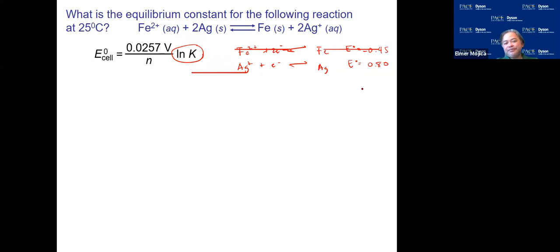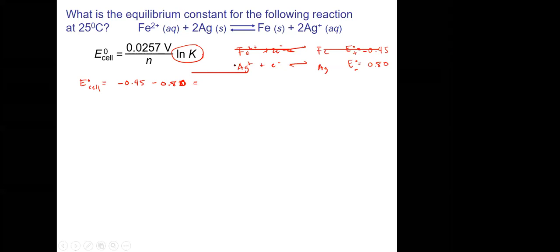As you can see here, this is our cathode, and this is our anode. So the cell potential is equal to 0.45 minus 0.80. What is that equal to? Negative 1.25. So that will be negative.